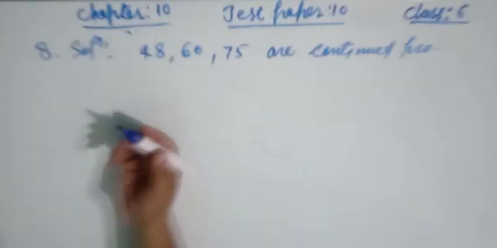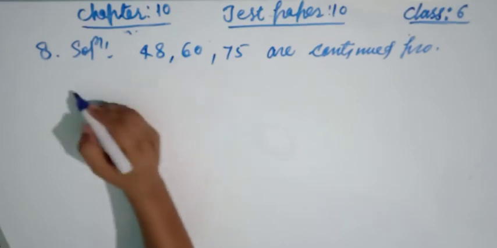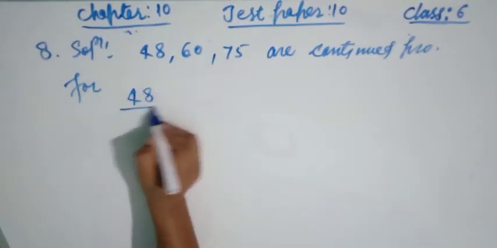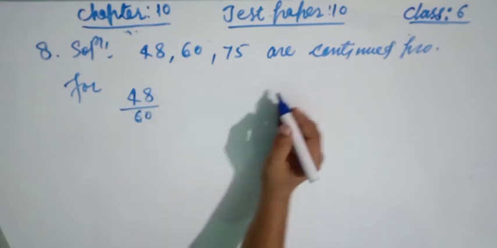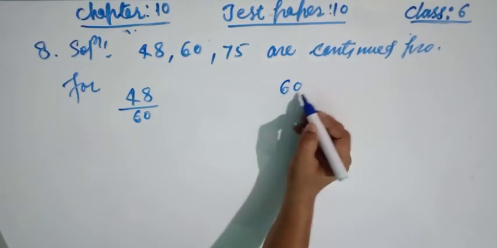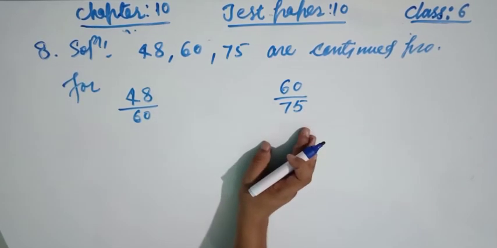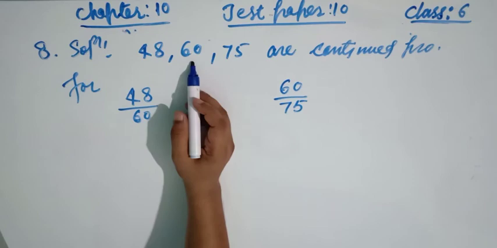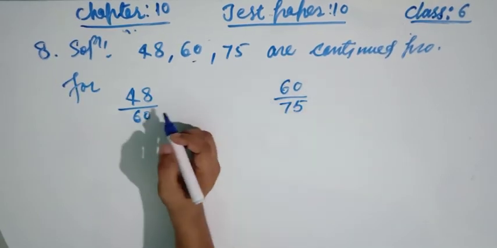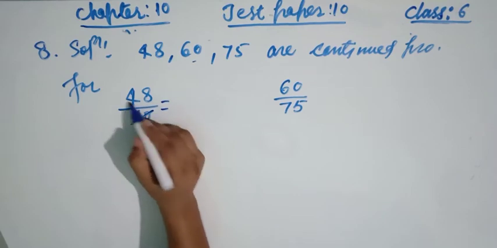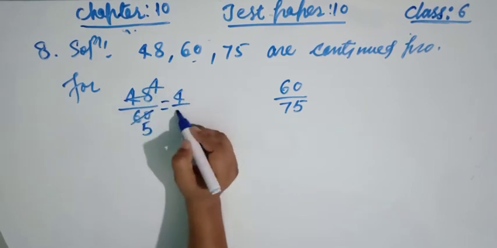Now for continued proportion let us check: 48 divided by 60, and then 60 divided by 75. If the values of these two ratios become equal, then we can say 48, 60 and 75 are in continued proportion. Now find out: 12 fives are 60 and 12 fours are 48, so this is 4 by 5.